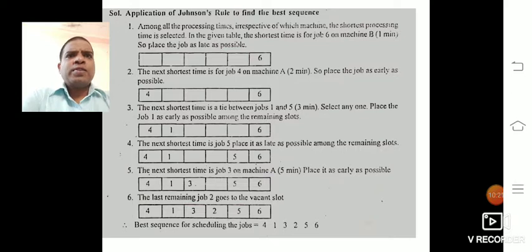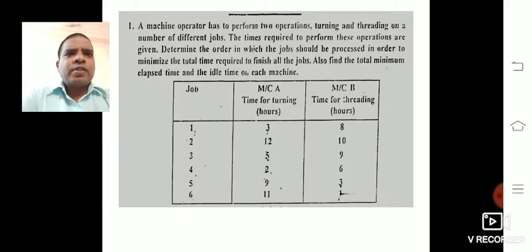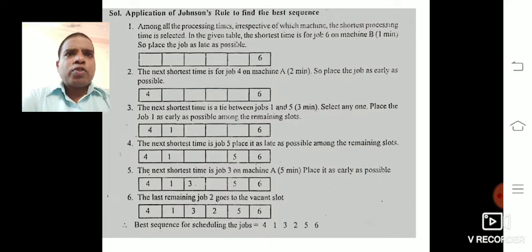Now to the second step: the next shortest time is for job 4 on machine A, that is 2 minutes, so place the job as early as possible. The next minimum processing time is 2, for job 4, which occurs in the machine A column. So we place job 4 as early as possible, towards the extreme left side.